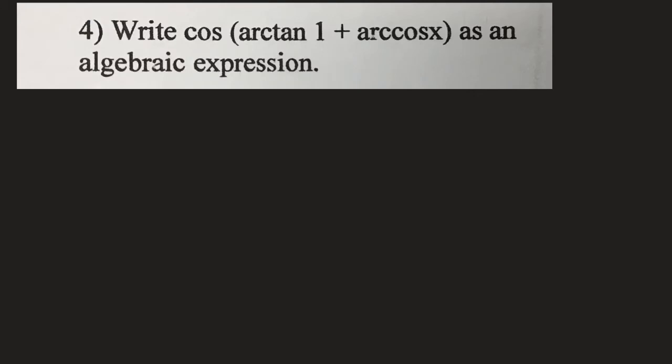Okay, so now let's combine what we learned about arc functions with these new formulas we've got. Our expression says cosine of arc tangent of 1 plus arc cosine of x. I've rewritten this with a little bit different inverse notation.